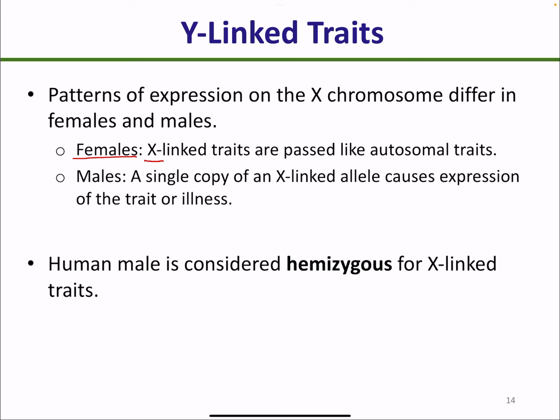So it is going to be a cloudy, well, not a cloudy situation, but it's going to be a situation for males where, based on the X they receive from mom, they're going to be called what we call hemizygous. Hemizygous because X does not match Y. So X is going to have some features that Y doesn't have, right?